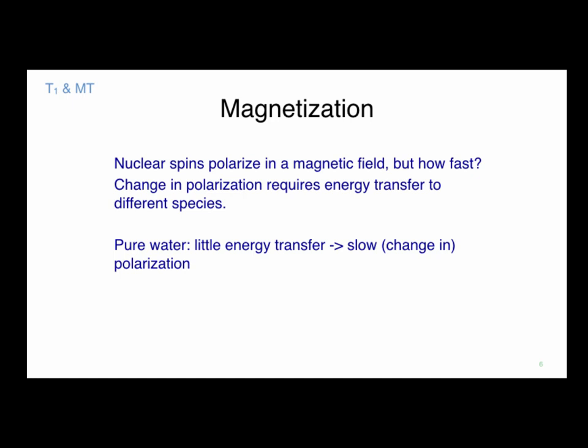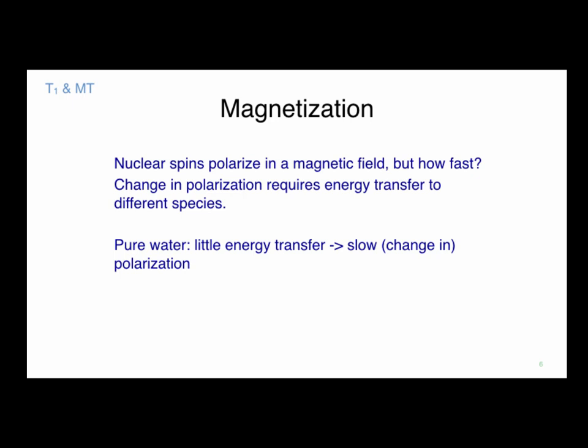So now we know nuclear spins polarize in a magnetic field. The question is, how fast does this happen? Because the change in polarization, going from random orientation to a population difference, requires an energy transfer from the spin system to something else, and that something else is typically the thermal vibration of the molecules in the sample, in our case typically the water.